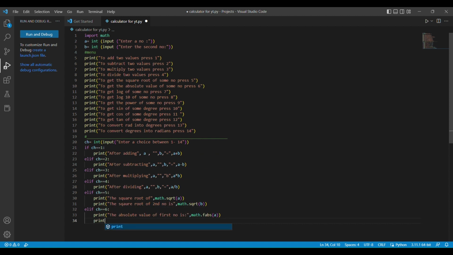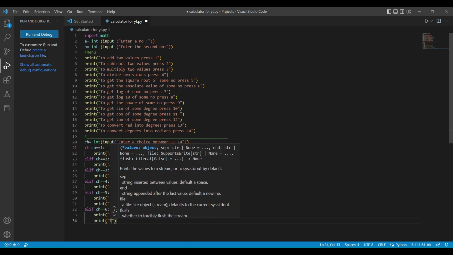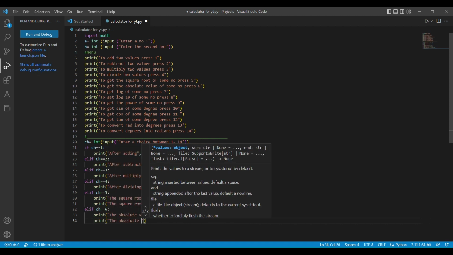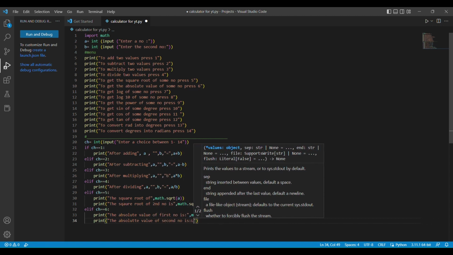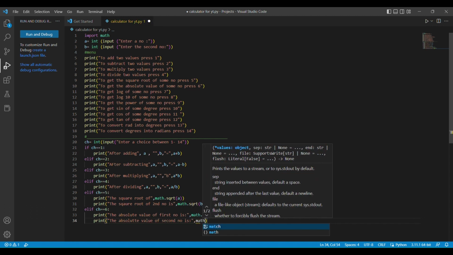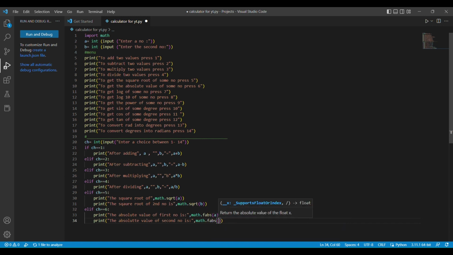Similarly, we will write the absolute value of second number is, comma math dot fabs b.